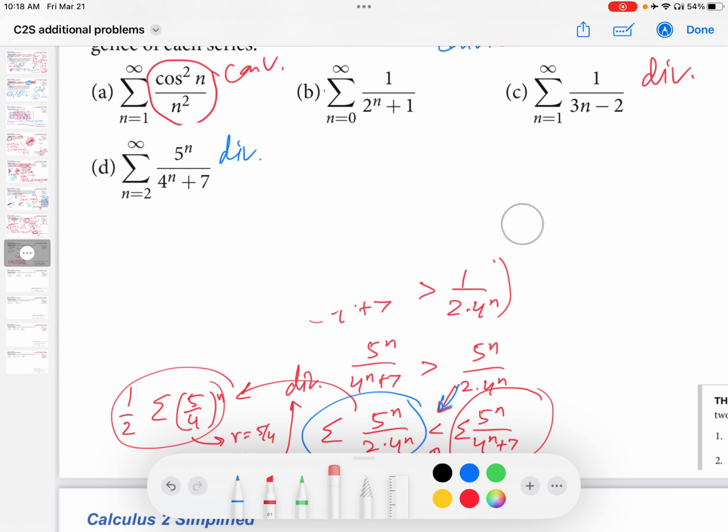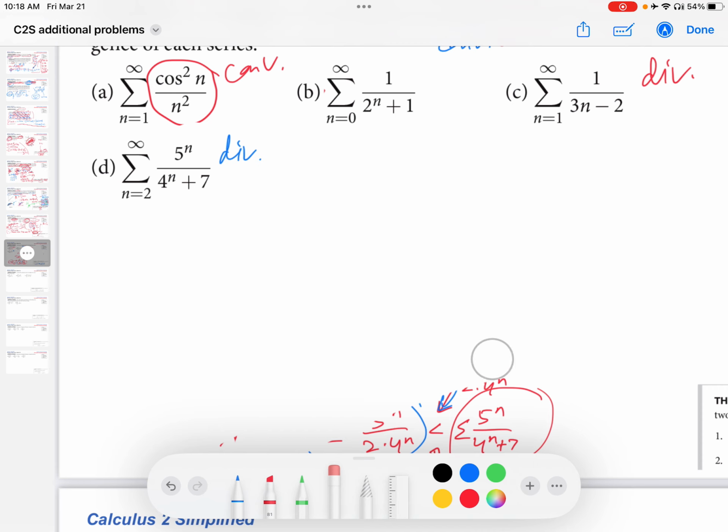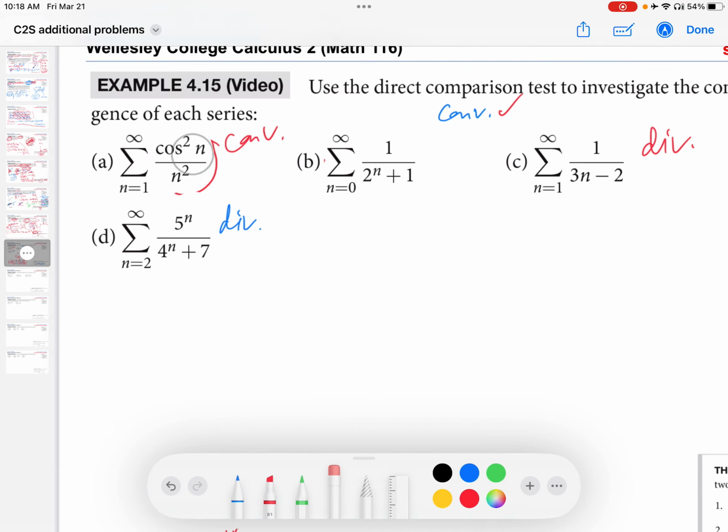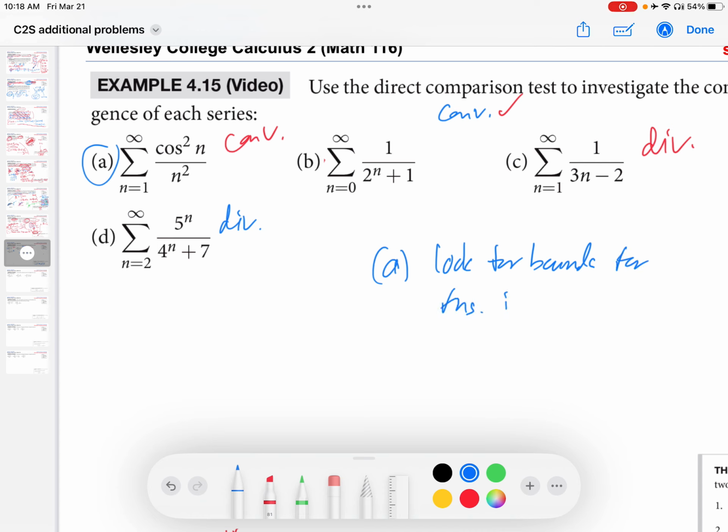Okay, to recap what we've done, and as a way of telegraphing once again the different ways that you could use the direct comparison test. In part A, the first thing that we did, and this is one thing you can do when using the direct comparison test, is to look for bounds for functions in the series.